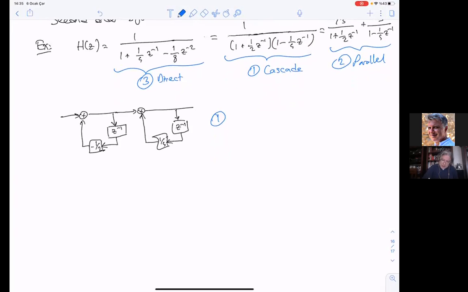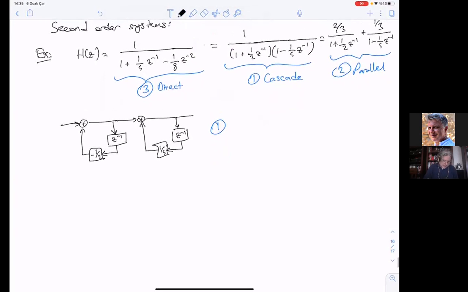Now let's take a look at the parallel realization, which is not very much complicated either, but probably it will be the longest in terms of drawing. We have a 2/3. So let me do the scaling after. So I'm doing 1/1 plus 1/2 z inverse, and then I will multiply by 2/3, all right?